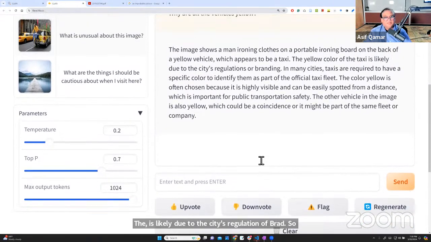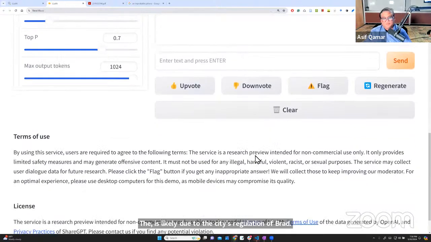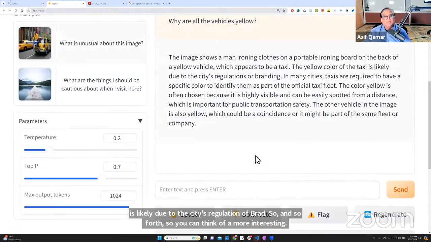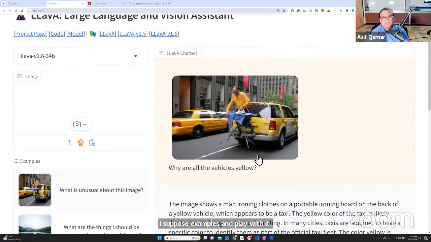So you can think of more interesting examples and play with it. So that ends our paper reading. Let's have some questions if anybody has. Any questions, folks, before I stop the recording?